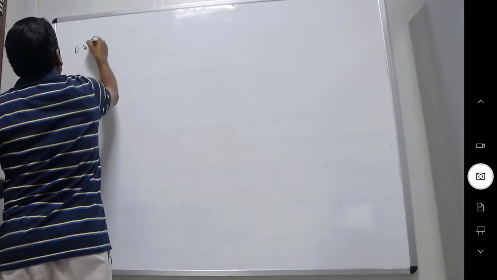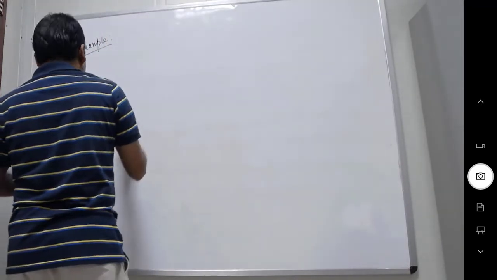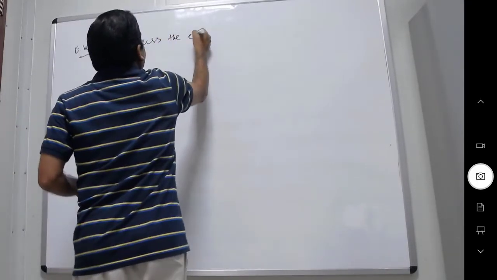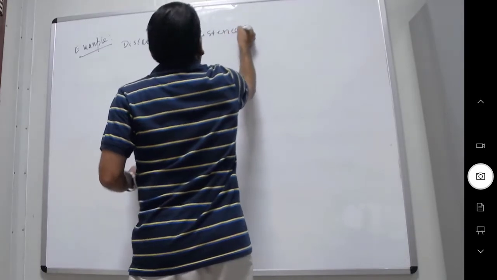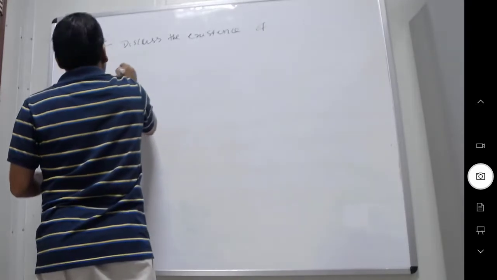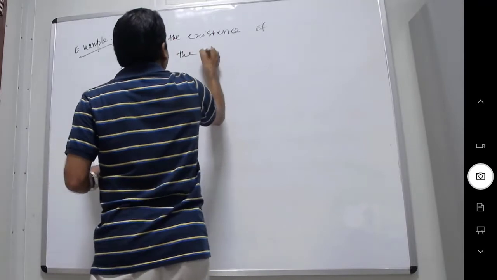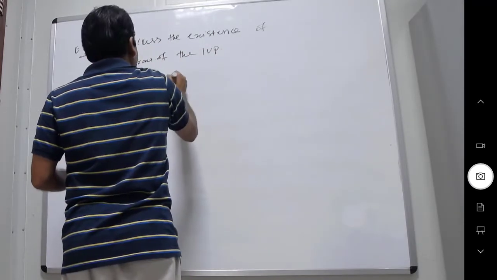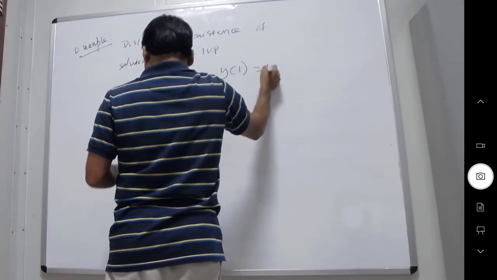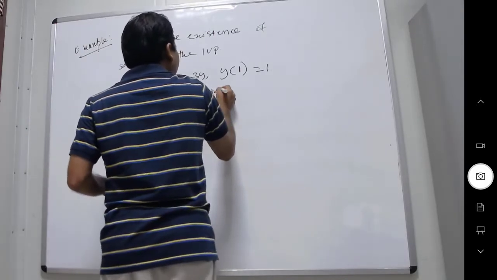So now let me see the example. Discuss the existence of solutions of the IVP x y dash equal to 3y, with condition y of 1 equal to 1, over the rectangle.